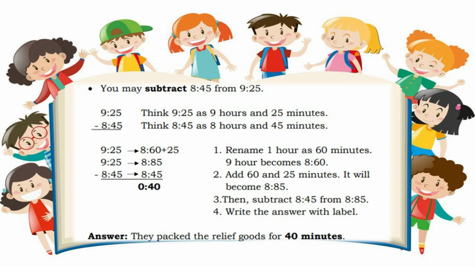Add 60 and 25 minutes. It will become 8:85. Then, subtract 8:45 from 8:85. Write the answer with label. And the answer is, they packed the relief goods for 40 minutes.